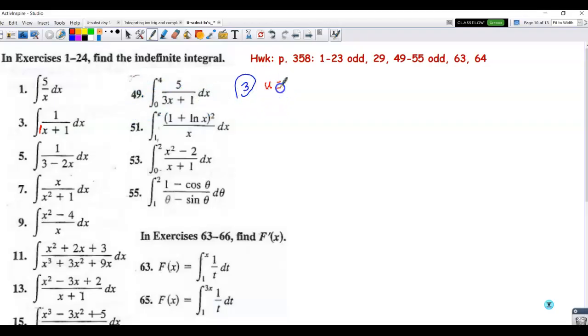So in this case, I would let u equal the denominator, x plus 1. The derivative of u is du, and the derivative of x is dx. So then that would become the antiderivative of 1 over u du, which is ln absolute value of u plus c. And that's going to turn into ln absolute value of x plus 1 plus c.